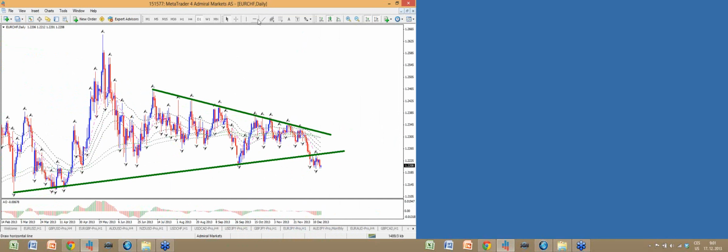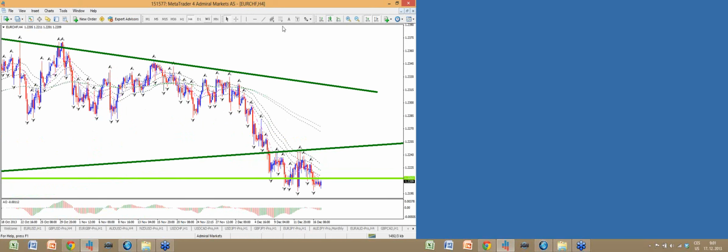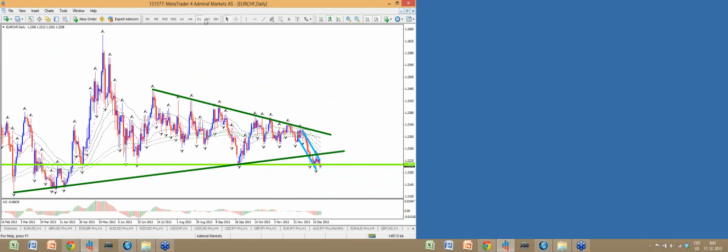The daily chart did push through the triangle indeed, and the support, and even has some kind of a trend channel, maybe one could see, like this. Yeah, 122 is a big level.